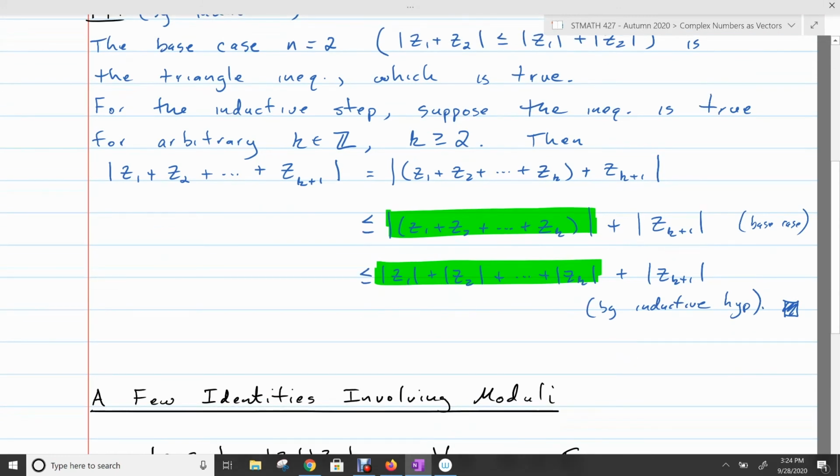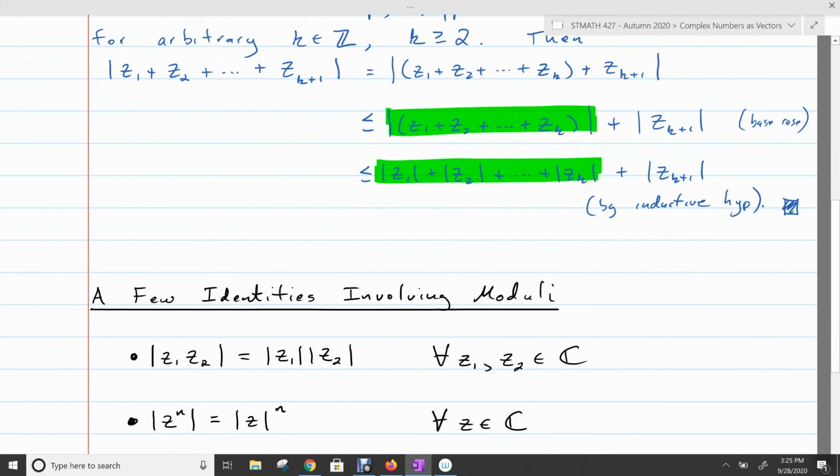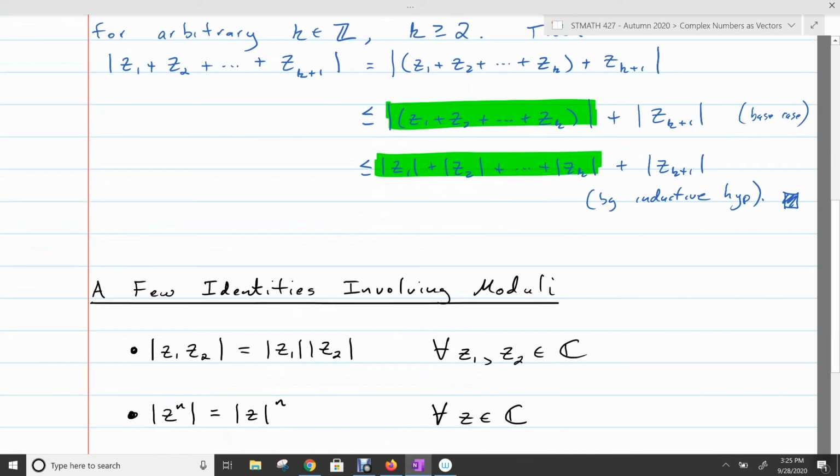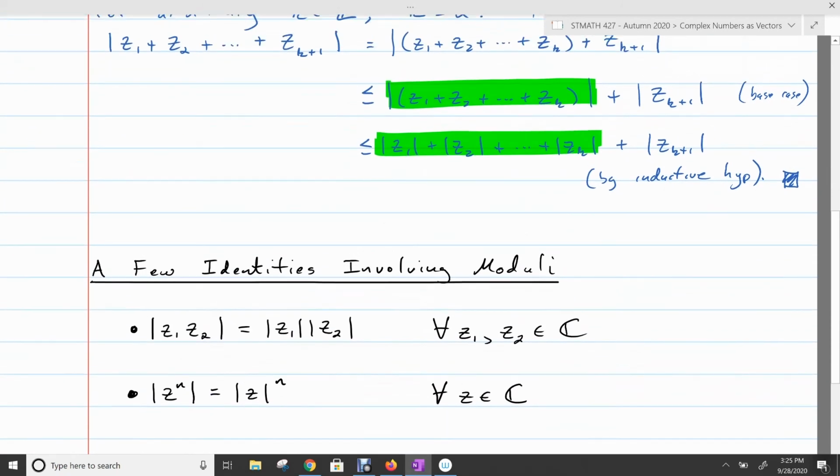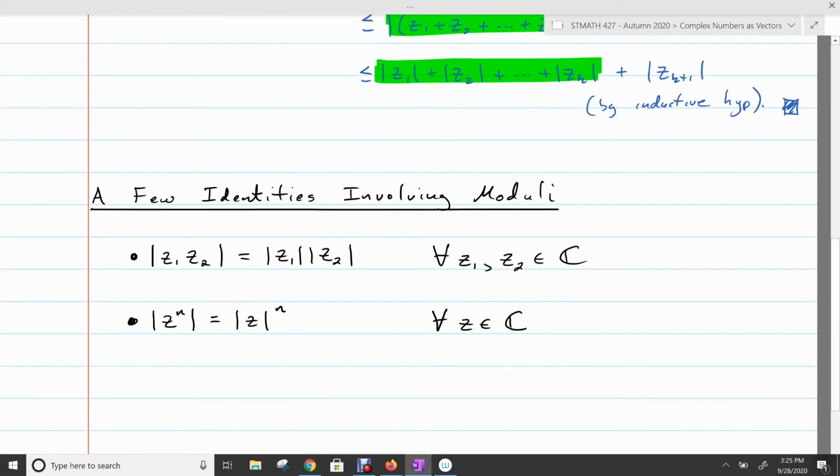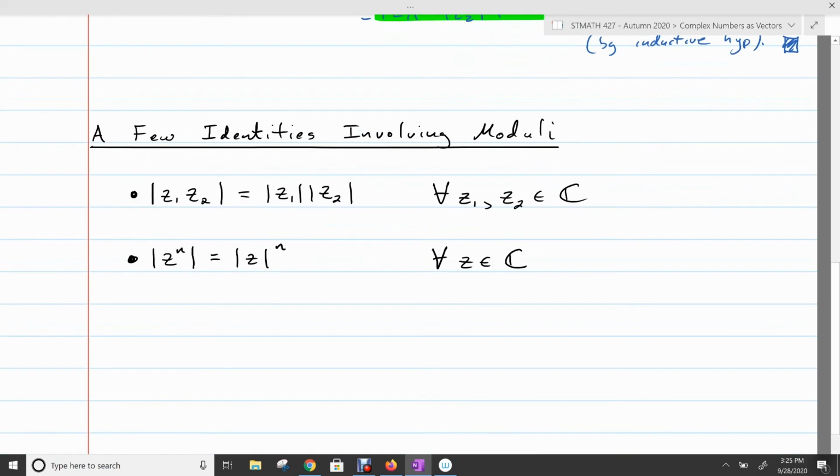So there you go. And then we have a whole lot of identities that involve moduli. We're just going to talk about a couple to begin with. So the first one is just that when you take the modulus of a product, it's the product of the moduli. And then you can think of the next property, the modulus of z to the n equals the modulus of z, quantity to the n, as sort of a generalization of the first property via induction.